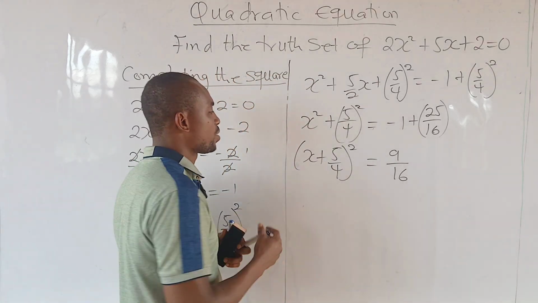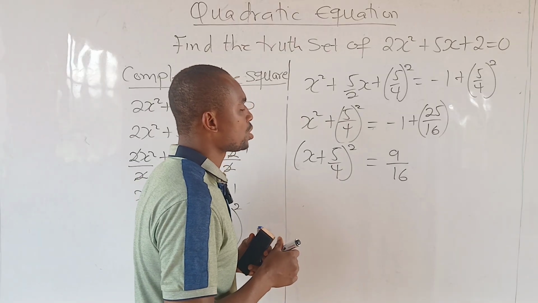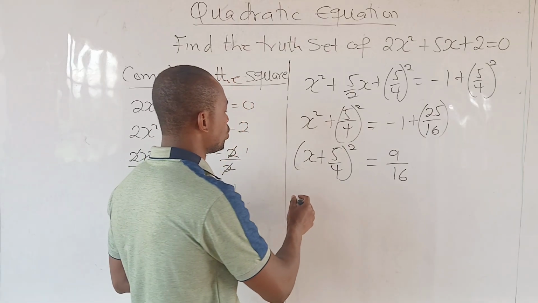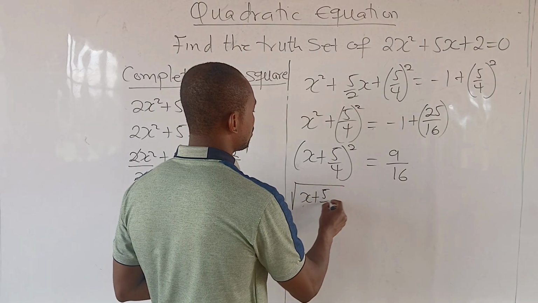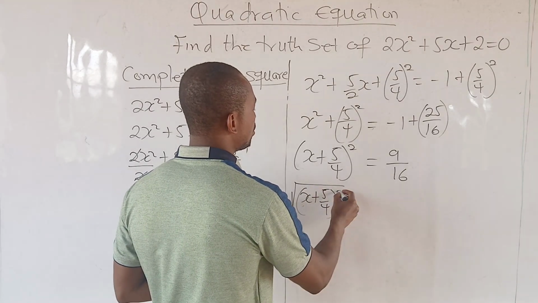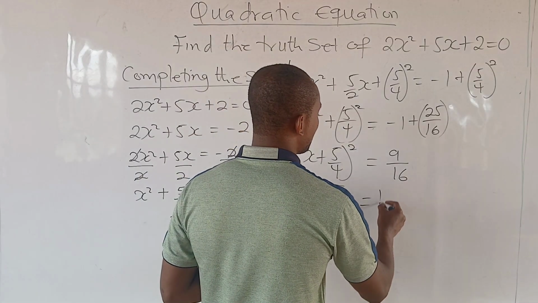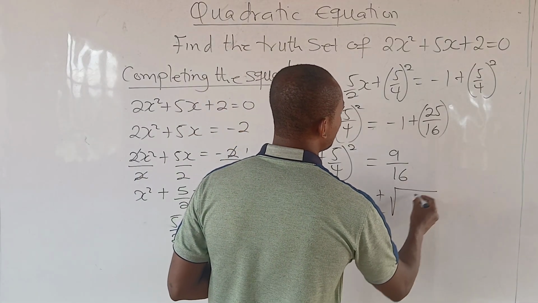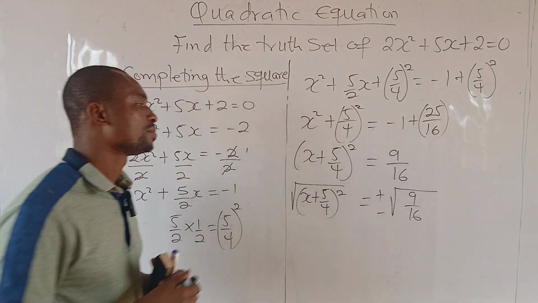So you have a radical equation here. So here, take square roots on both sides. So you are going to have x plus 5 on 4 all squared. So here will be plus or minus square root of 9 on 16.